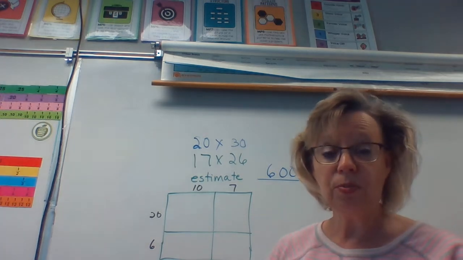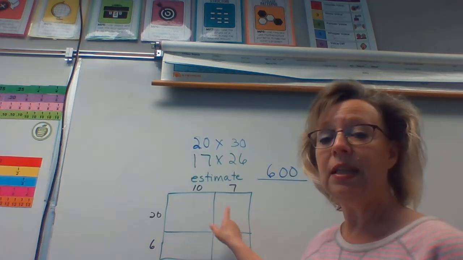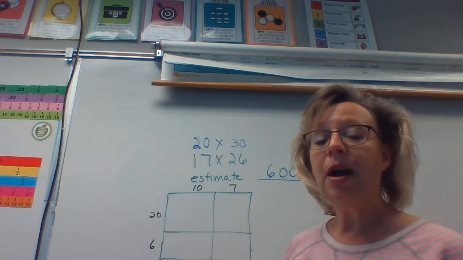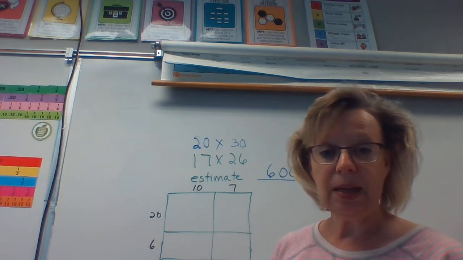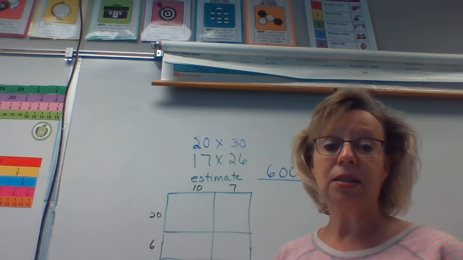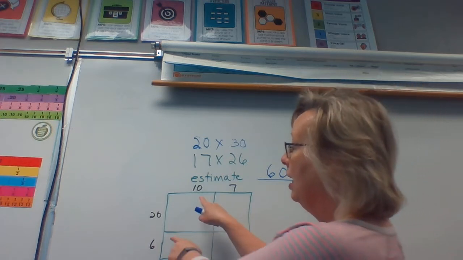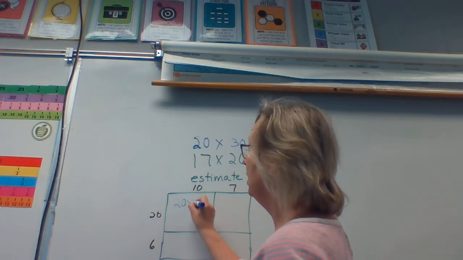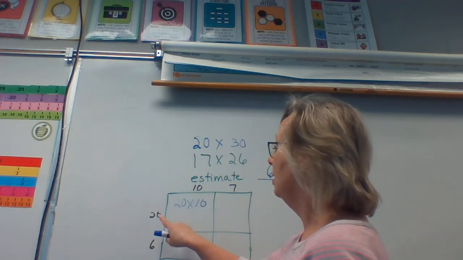Now as I go through and solve using the area model, and sometimes you'll even see this written as finding partial products, because each of these boxes has a product in them because we're multiplying. Product is the answer when we multiply. In this box, my equation is going to be 20 times 10.